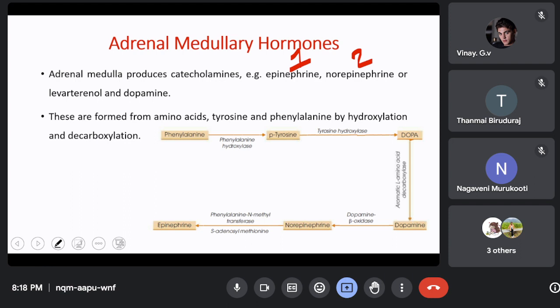Okay, and noradrenaline is also called levarterenol. To some extent, the adrenal medulla also secretes a third hormone called dopamine.